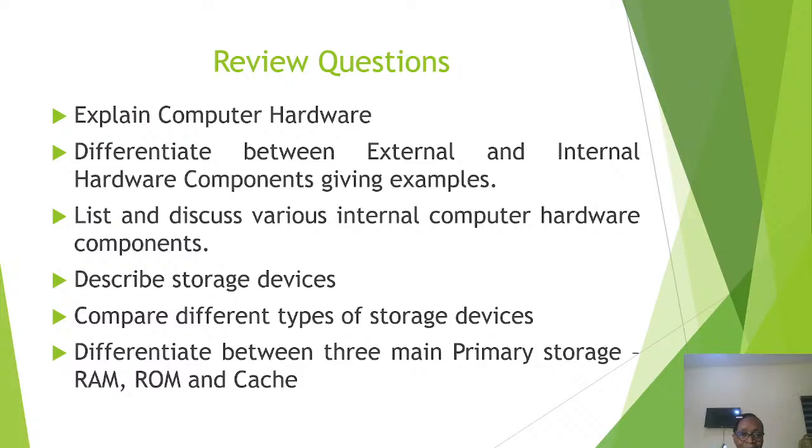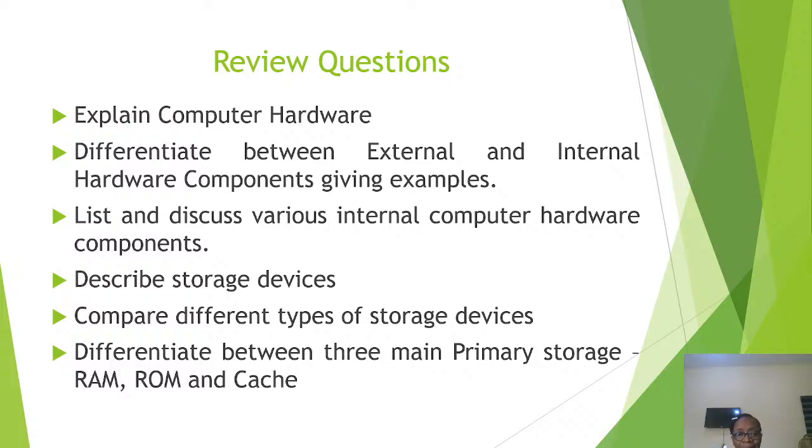As review questions, you can look at this. With what we have done today, we'll be able to answer these questions. We'll be able to explain what computer hardware is. We'll be able to differentiate between external and internal hardware components. You can also give examples. You should be able to list and discuss various internal computer hardware components.